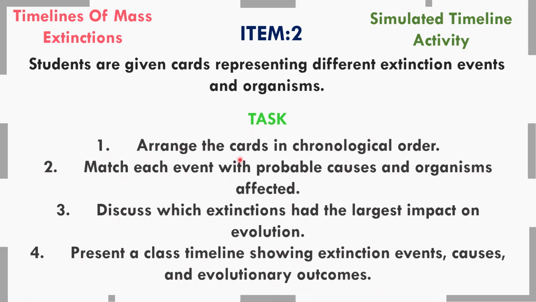They are to arrange the cards in chronological order, match each event with probable causes and organisms affected, discuss which extinction had the largest impact on evolution, and present a class timeline showing extinction events, causes, and evolutionary outcomes.